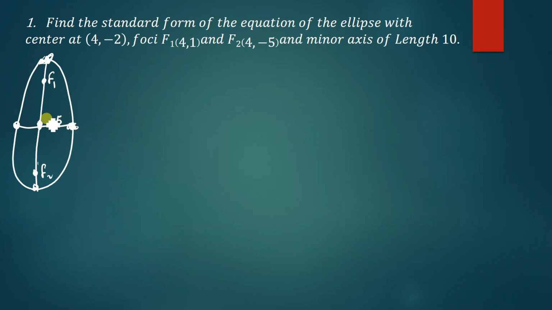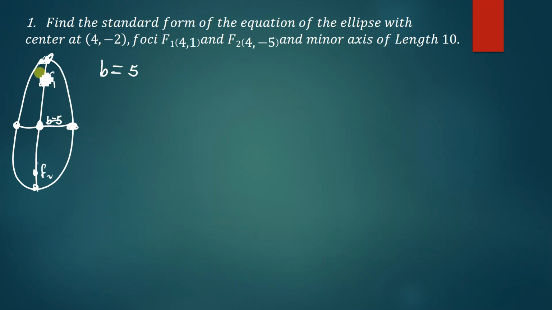And remember, the distance from the center to one minor vertex on the minor axis is denoted by b. So our b is simply 5. We have managed to find b. b is equal to 5.